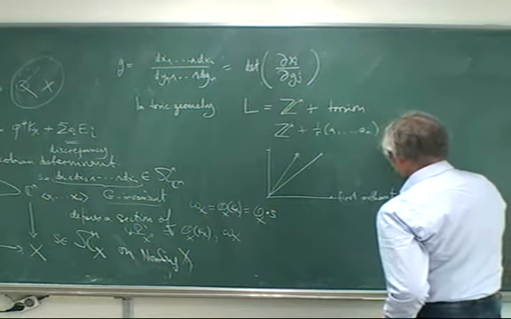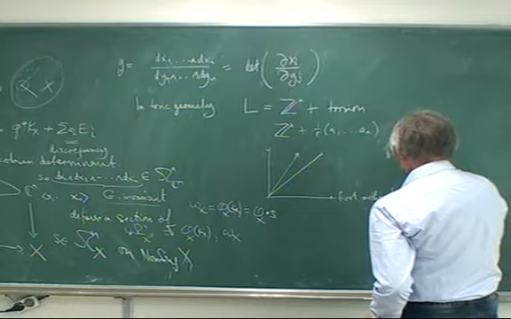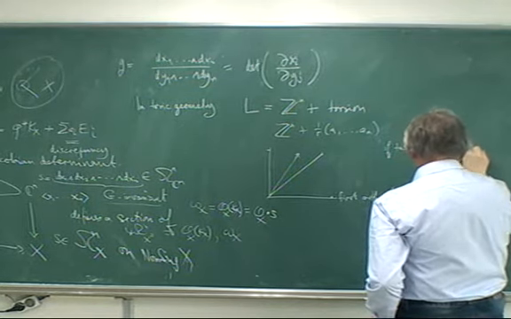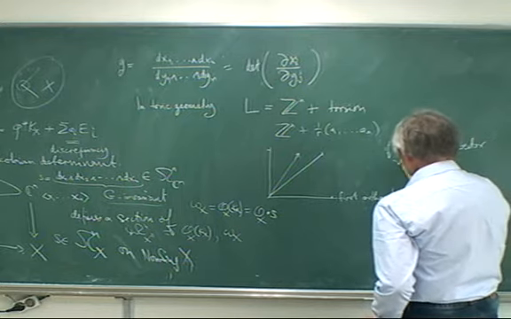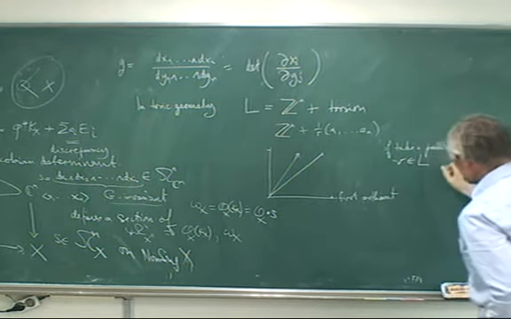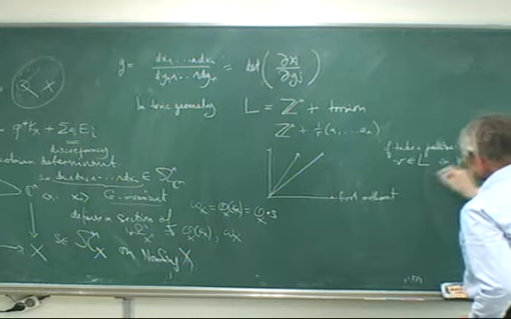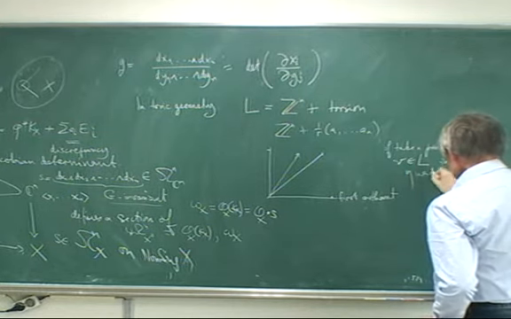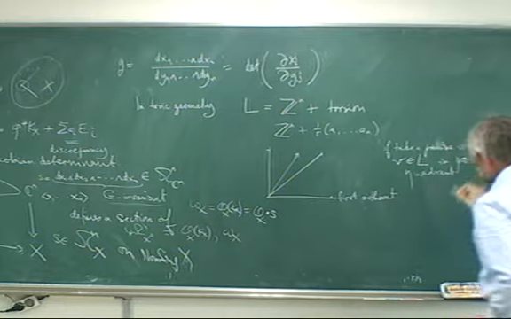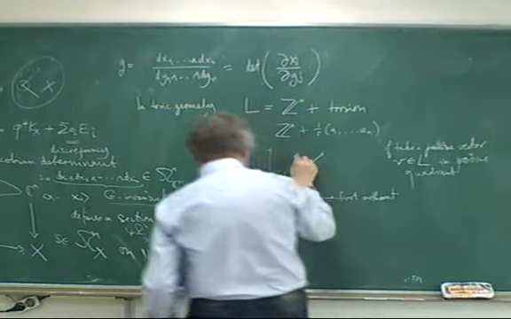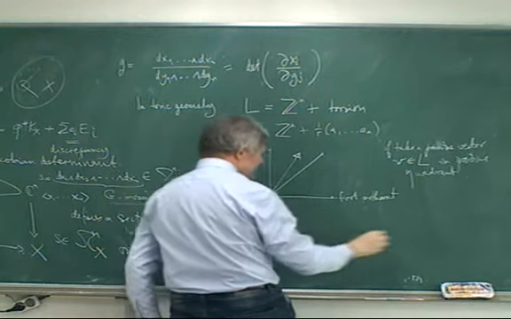So if I take a primitive vector V in L in the positive quadrant, what is it?